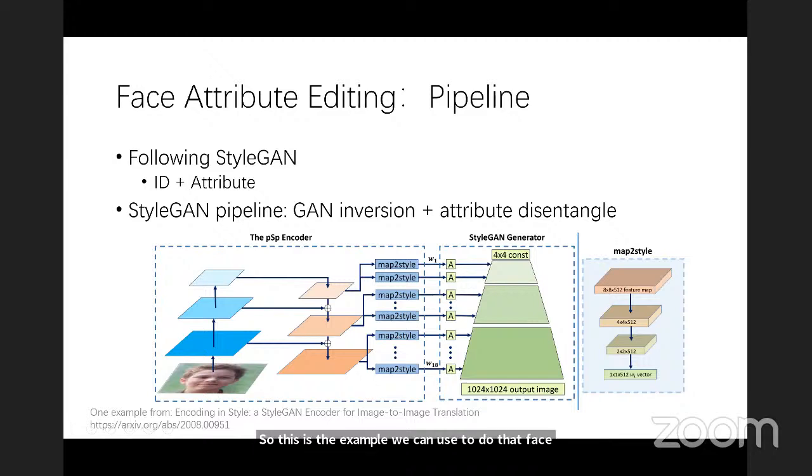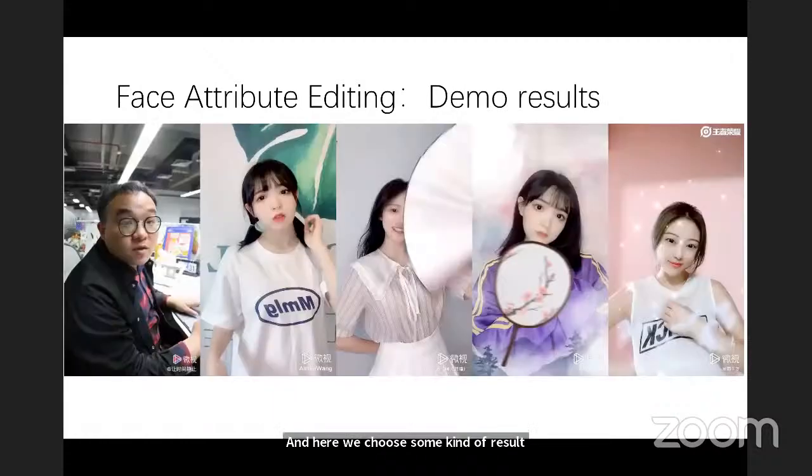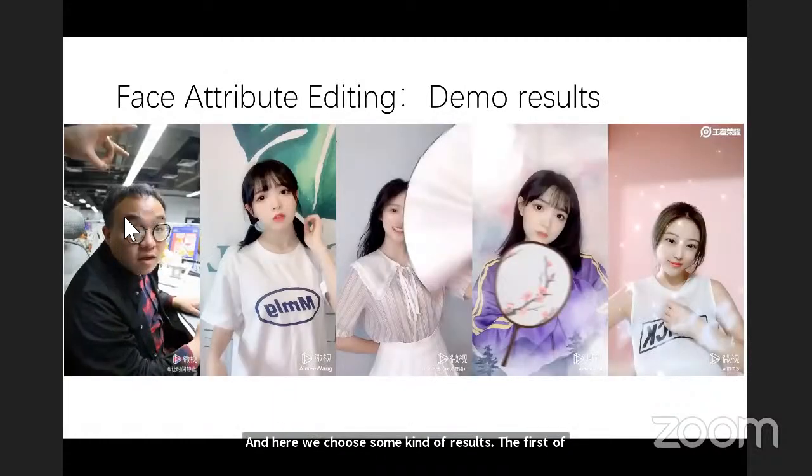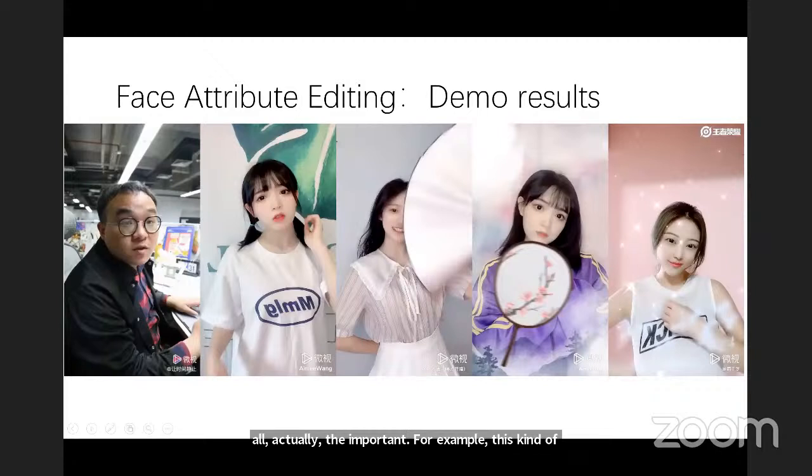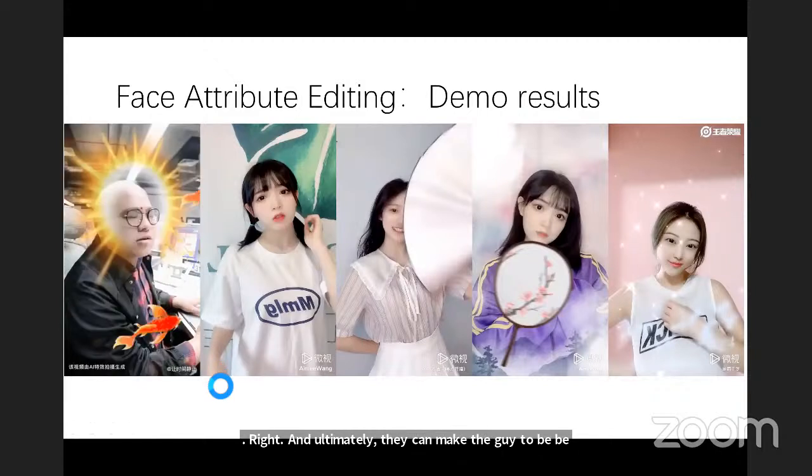Actually, there are also a lot of good works which can do the same thing. And here we show some results. The first one, the input is this image, right? And for the output, they can make this guy bald. And we also have some results like this.